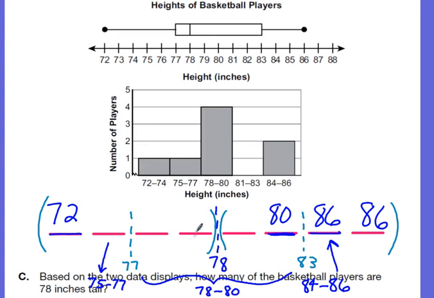No. These spots are going to have to be 78. Think about it. If that's 78, then these two numbers also have to be 78, don't they? Considering that that's 78 and all of these numbers have got to be between 78 and 80.